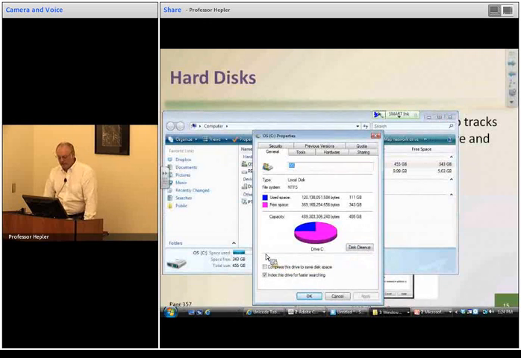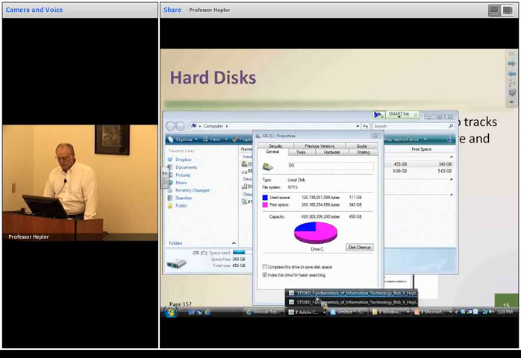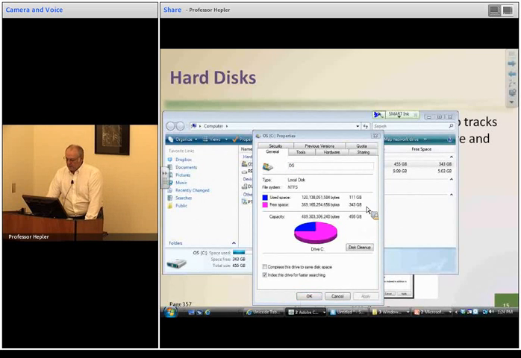This is for my disk here. 111 gigabytes is how much space I've used, and I have 343 remaining. Here's the total capacity, as we talked about, 489 billion bytes, which we call 455 gigabytes.